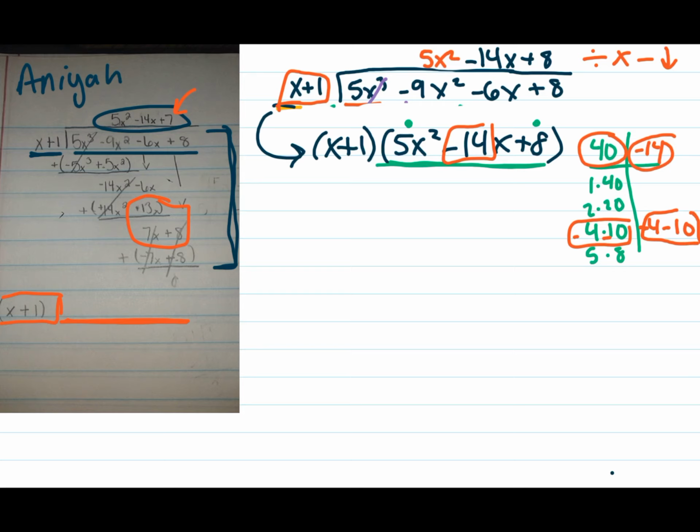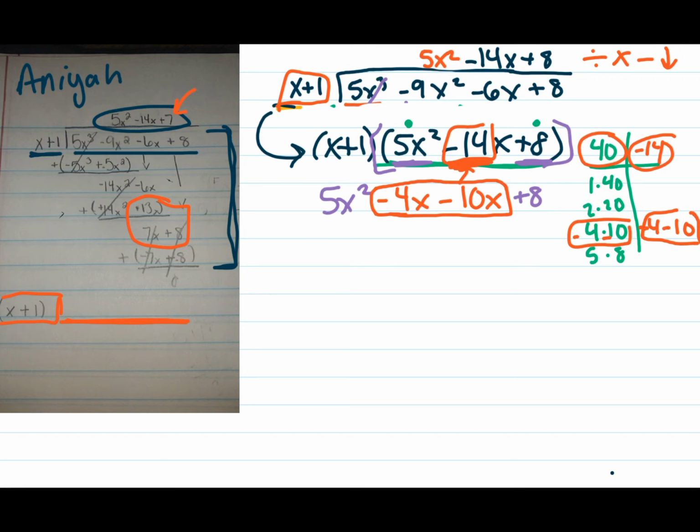So now we're going to take this expression and factor by grouping. So I'm going to bring down that 5x squared, and then I'm going to split negative 14x into my two numbers. So negative 4x and negative 10x, because this still equals that. So we're still good. All right, now we're going to plus 8. So I just brought these two terms down.